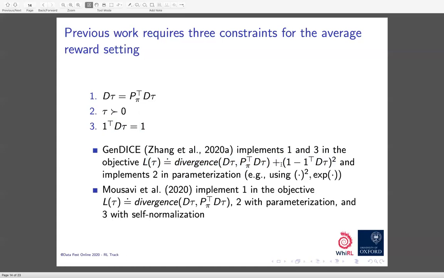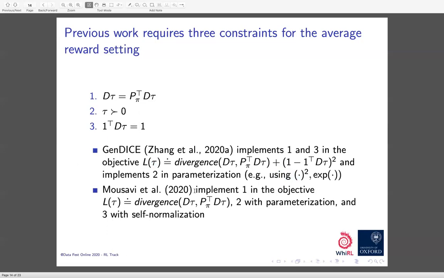And the second term is a penalty term to ensure the satisfaction of the normalization constraint. To implement the second constraint, they use special parameterization. For example, when they parameterize tau with the function approximator, which could be tabular, linear, or neural network, they use a special activation function, for example square and exponential. This makes sure that the output of tau is always positive.